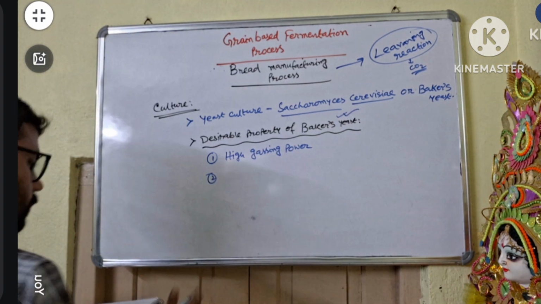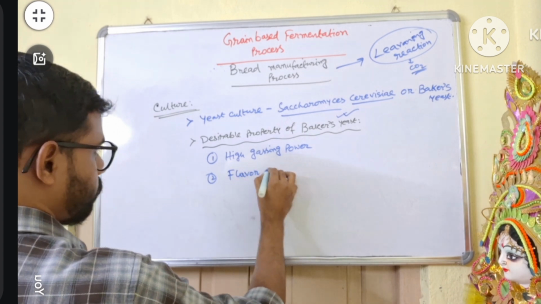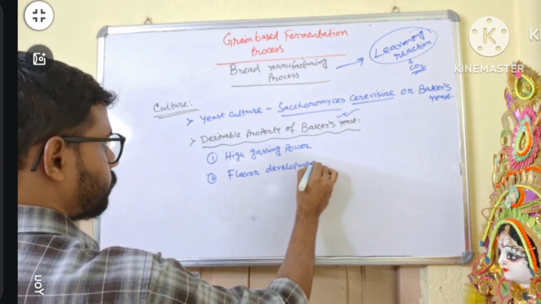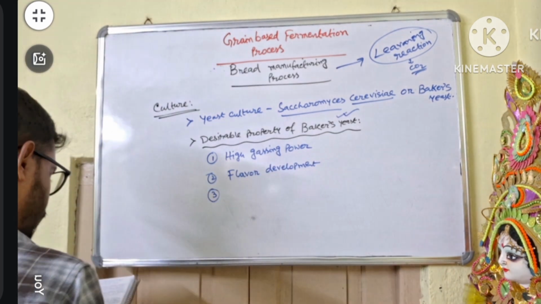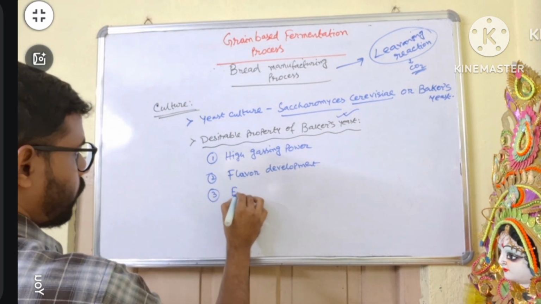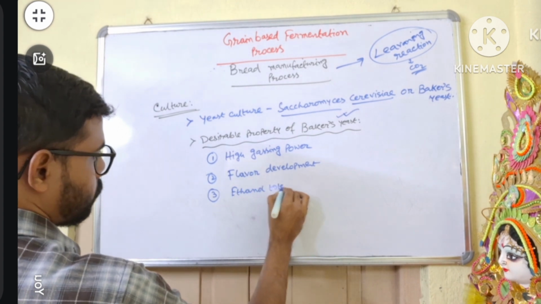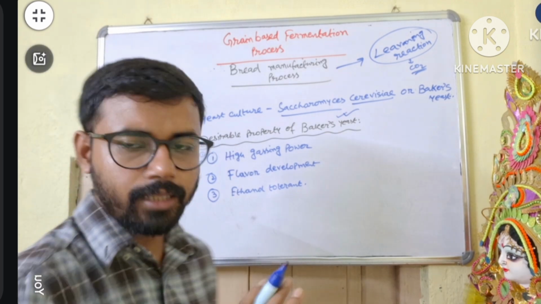Number two, flavor development. Number three, ethanol tolerant.